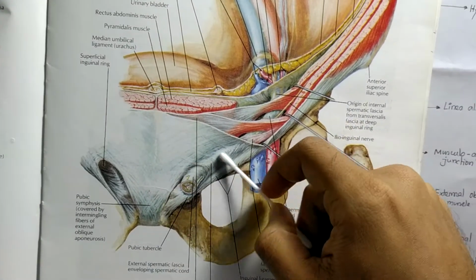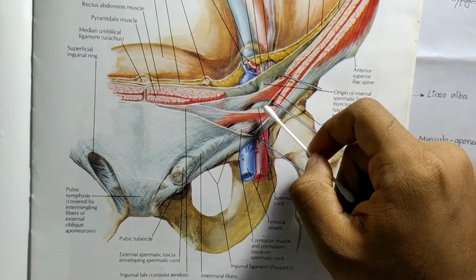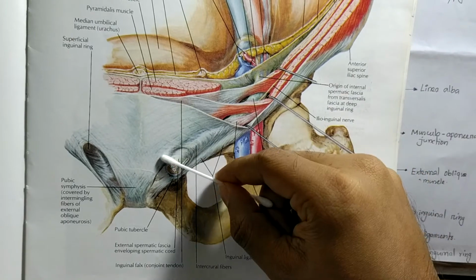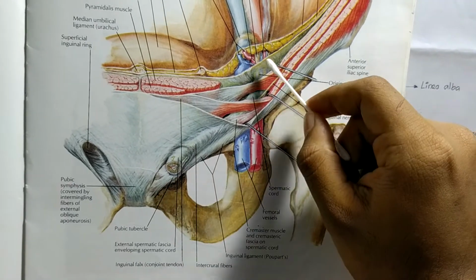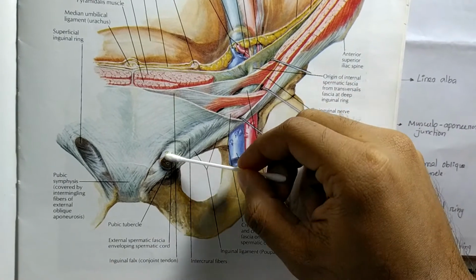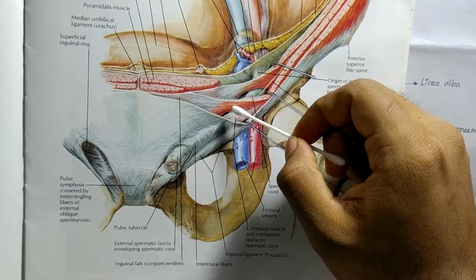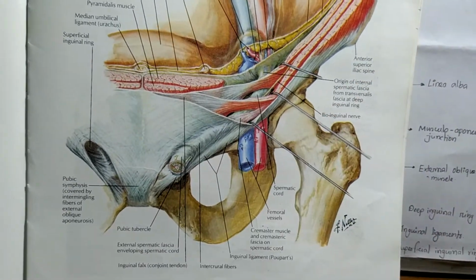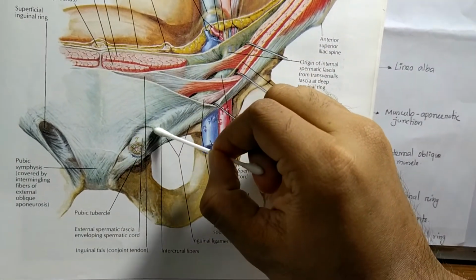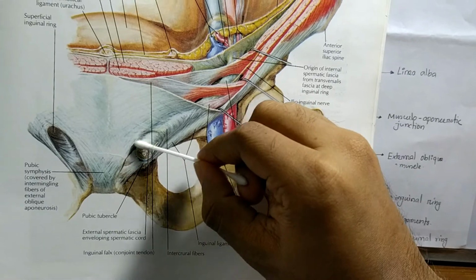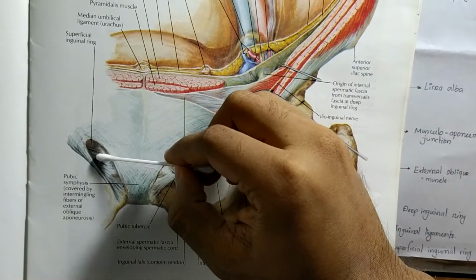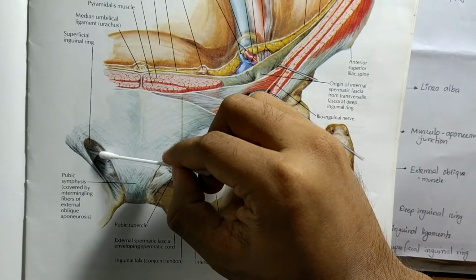The inguinal canal has two ends: the superficial inguinal ring and the deep inguinal ring. The superficial inguinal ring is formed only by the external oblique aponeurosis. Here you can see the superficial inguinal ring.